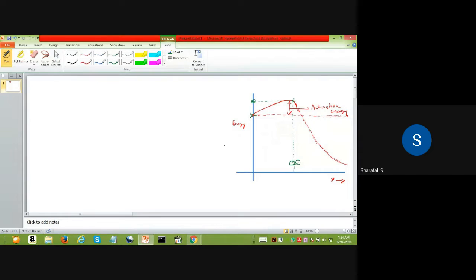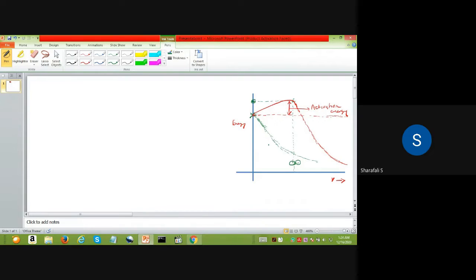And there are some nuclei which do not have this activation energy. They will decay spontaneously, and they will not have any activation energy or potential barrier, so that they will have only this curve. Okay, so from the ground state it will decay.